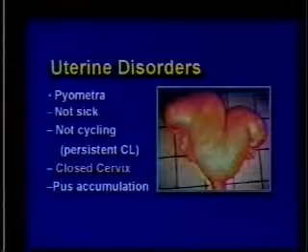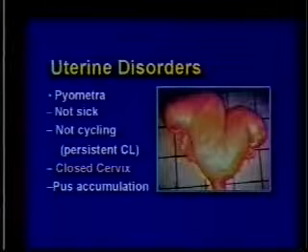The cow is not sick with a pyometra, and she's also not cycling. She thinks she's pregnant. There's enough destruction of the endometrium that the prostaglandin is not released into the bloodstream to cause regression of the corpus luteum as it should by countercurrent flow. So the corpus luteum is maintained, and the cow does not show estrus. And these cows go undetected until somebody palpates them.